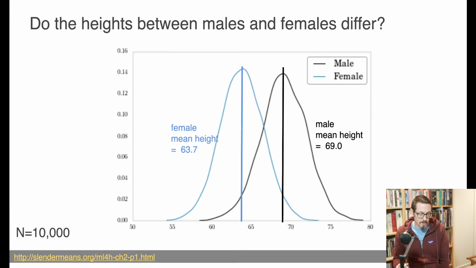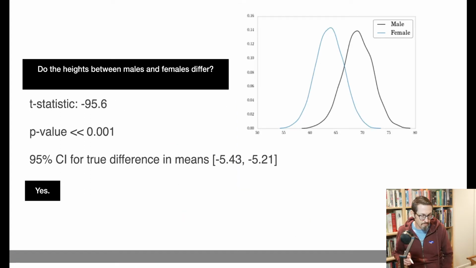So, where is the mean? Women are around 63, men are about 69 inches. Let's plug it in. All right, so the t-statistic is what we have to calculate here. And it's going to be calculated from all the data points. Or you can potentially calculate it from things like the mean and the standard deviation.